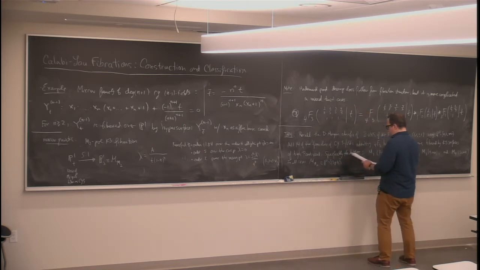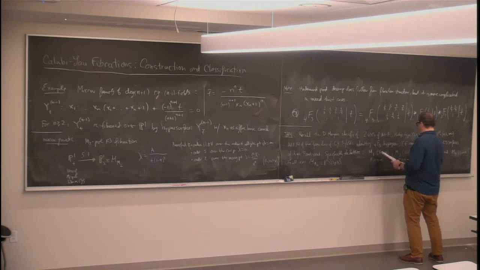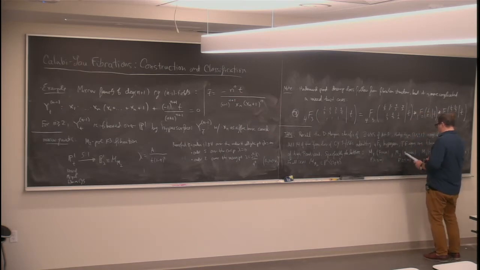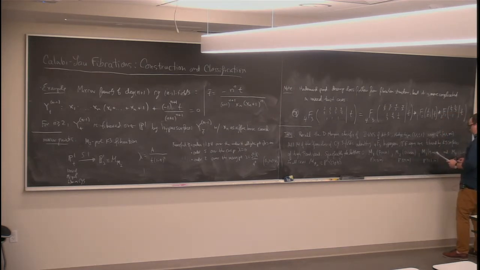Specifically, in this case, P1 with 2, 3, and infinity. Here this is P1 with 2, 4, and infinity. This is P1 with 2, 6, and infinity. And this one is P1 with orbifold points 2, infinite order, and infinite order. So there are actually 2 cusps there.